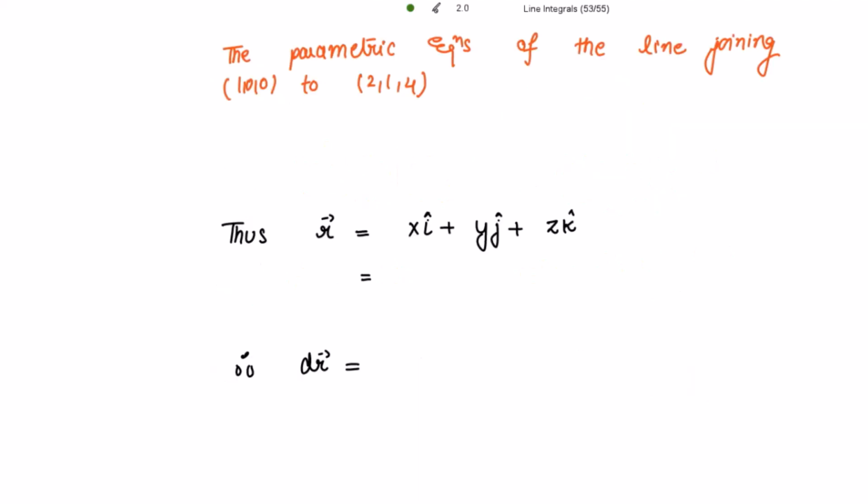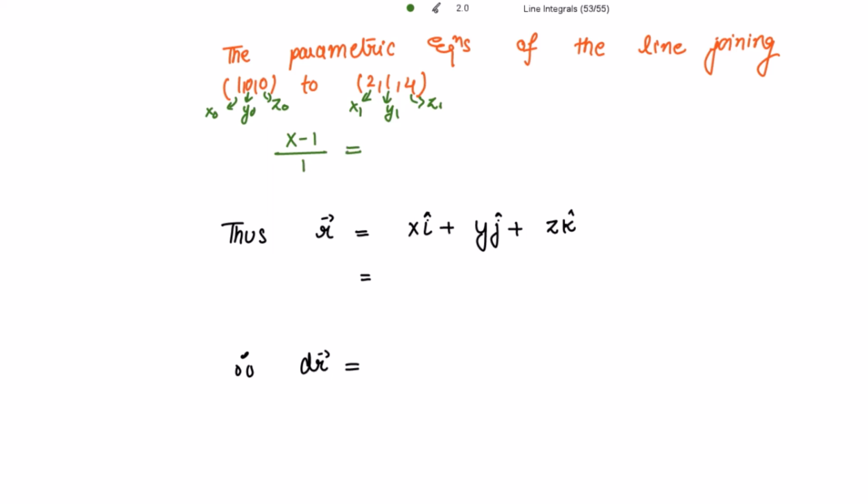The parametric equations of the line joining these 2 points are, if I consider this to be x naught, y naught and z naught, and this to be x1, y1 and z1. So I can write the parametric equations, that is (x minus x naught), that is x minus 1, divided by x1 minus x naught, which is 2 minus 1, that is 1.